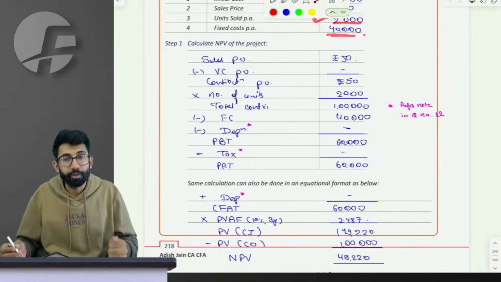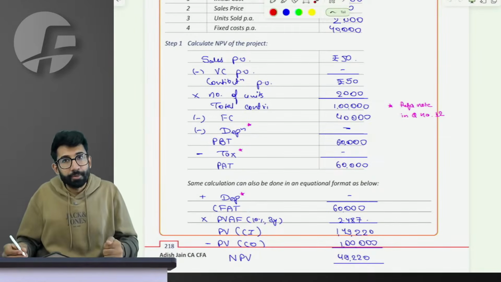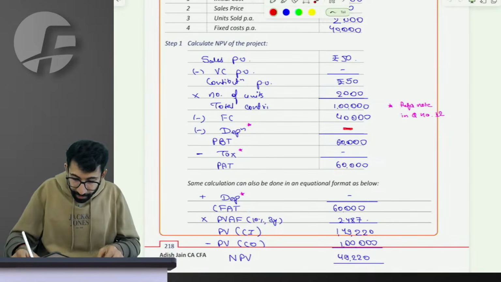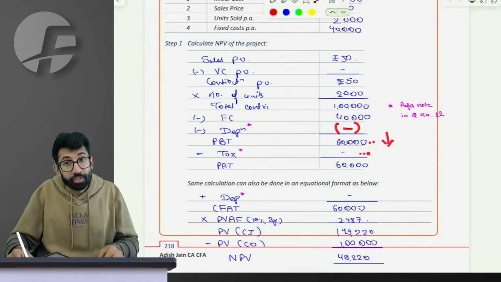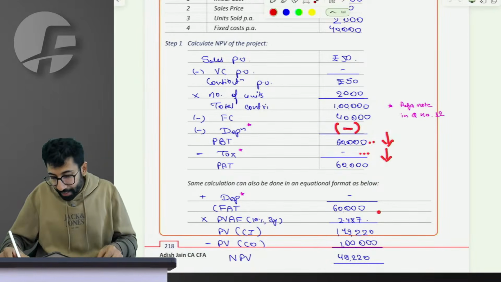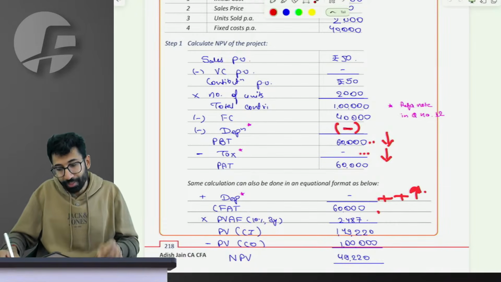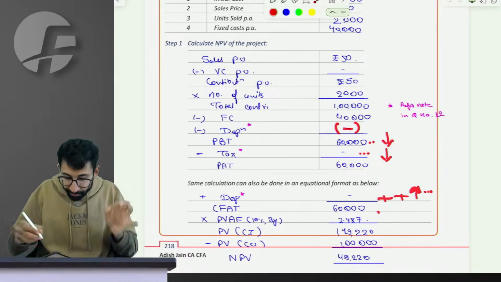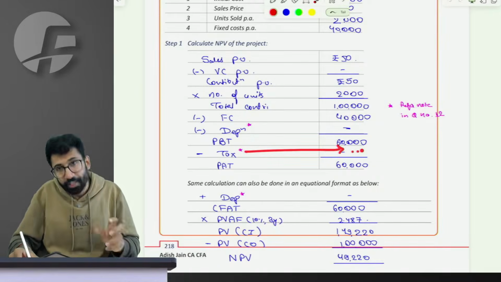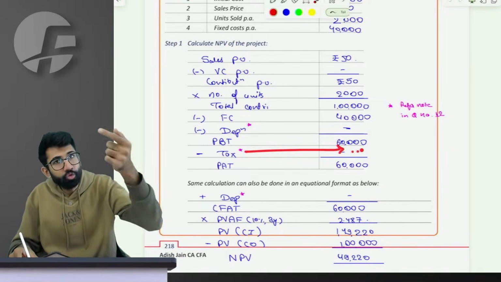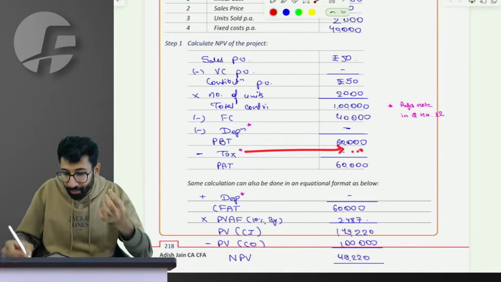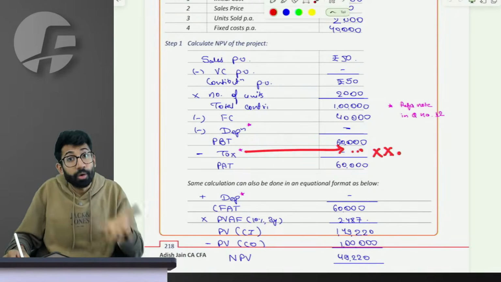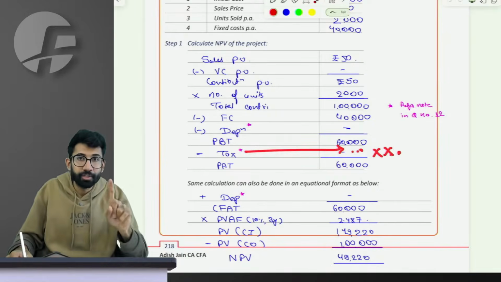Let me also teach you one more thing. What is the purpose of depreciation? You deduct it so that PBT becomes lower, so that when you charge tax, you pay a lower tax, and then you add back the same amount of depreciation so that cash flow again increases. If there is no tax rate given in the question, then there is no point in deducting depreciation and adding the same number back, because there is no tax advantage you can take on depreciation.